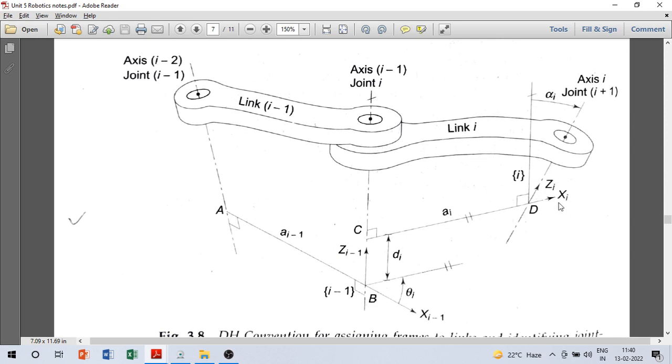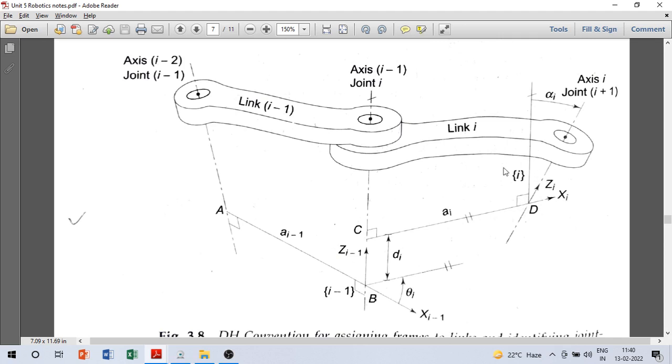Then x_i will be along a_i. So you have this common perpendicular, which is perpendicular to z_{i-1} and z_i, along this direction pointing away from z_{i-1}. This will be x_i, and once you have x_i and z_i, you will also get y_i.